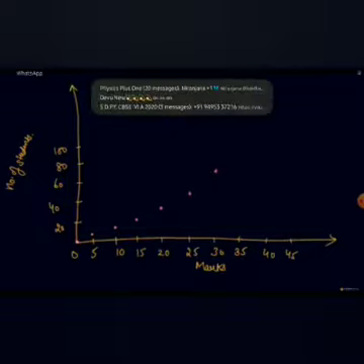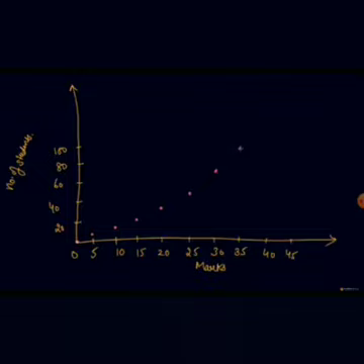Less than 35, it was 95. And less than 40, all the 100 students. So this was your less than ogive.